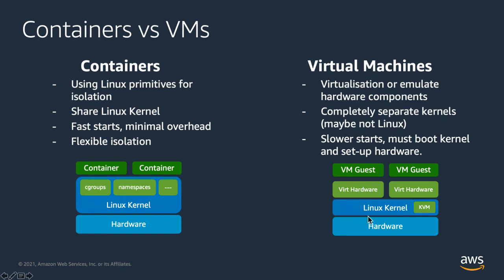But if you see the VM, you have the Linux kernel and you have virtual hardware over here. So containers share a common kernel. All components are built into the kernel itself. This makes containers pretty fast to start. Okay, so if you want to stop the container or start the container, it's pretty fast, right?